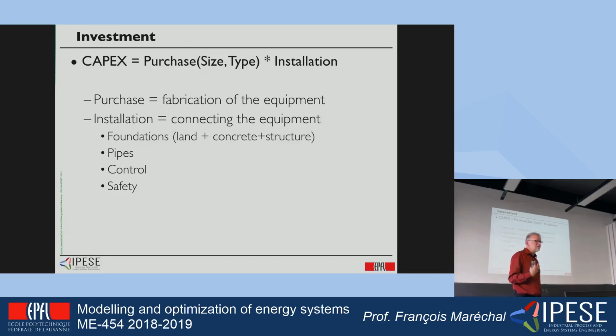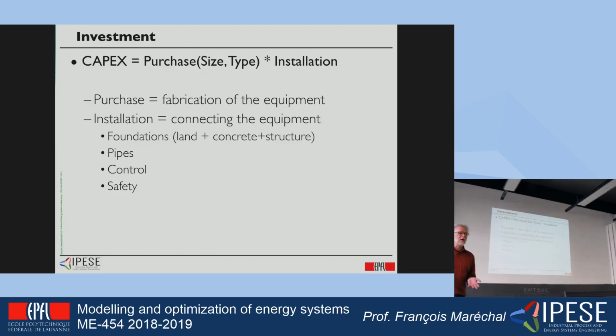On the one hand, you have to buy the equipment so that it is delivered at the entrance of your plant, and then you have to connect it. So there are two different dimensions: the purchase of the equipment, and then the installation that includes piping, control systems, the foundations, and all the safety aspects that need to be considered.